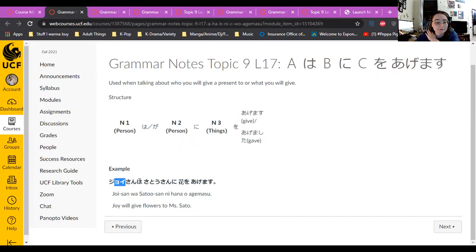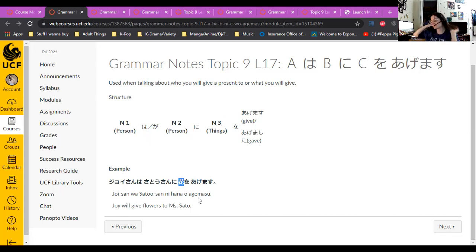So person wa, sometimes it could be ga depending on the context. Sato-san ni, and then the object or thing. Hana, which is flowers, o agemasu. So Joy will give flowers to Miss Sato.